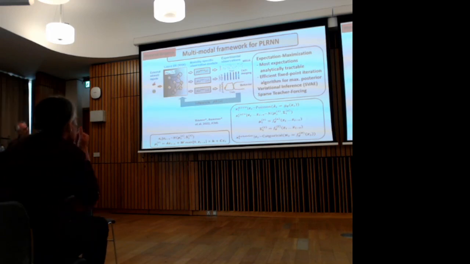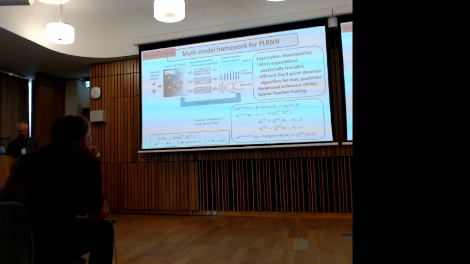And once you have that, most of the expectations can be computed analytically. But we also have a variational inference framework in place, and we also have a full Bayesian framework for that. Sparse feature forcing is something I want to come back to later. So I won't go into any details about the training algorithms, but if you have questions about them, I can come back to that later.